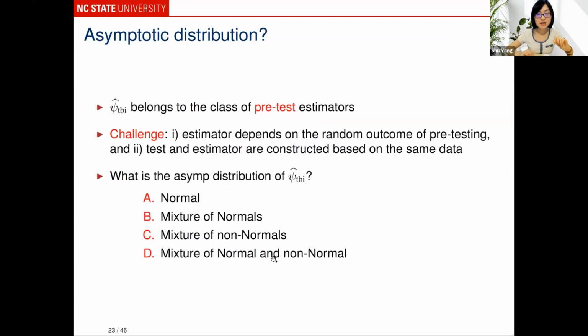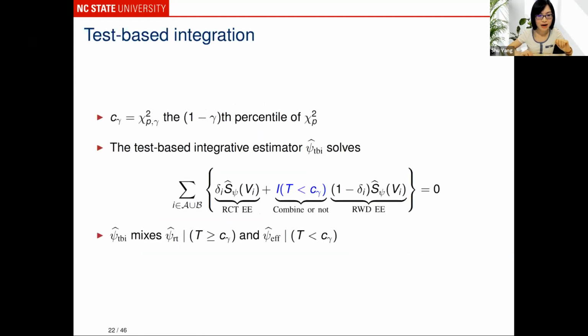What will be the asymptotic distribution for the TBI estimator? In fact, the TBI estimator belongs to the class of pretesting estimators, and it is challenging to derive the asymptotic distribution for two reasons. One, the estimator depends on the random outcome of the pretesting, so it depends on whether the test rejects or accepts the hypothesis.